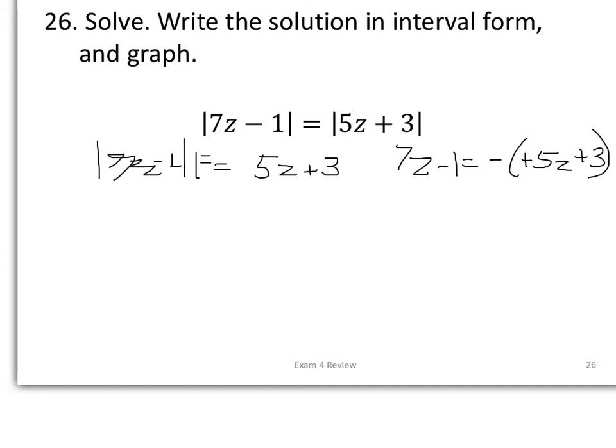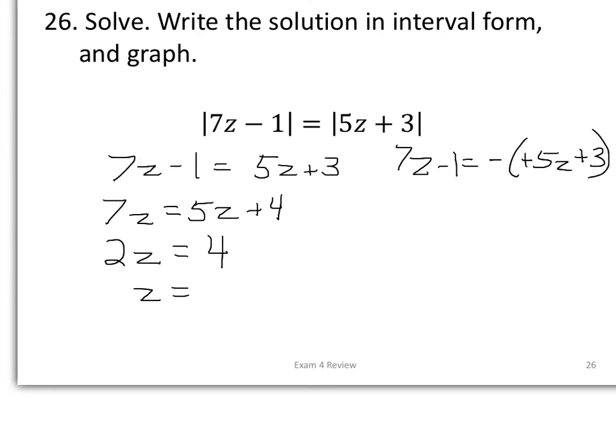Okay, so on the left we add 1 to both sides and we get 5z plus 4. Subtract 5z from both sides and we get 2z equals 4, and then divide by 2 and we get z equals 2. On the right we have 7z minus 1, and let me go ahead and distribute that negative sign.